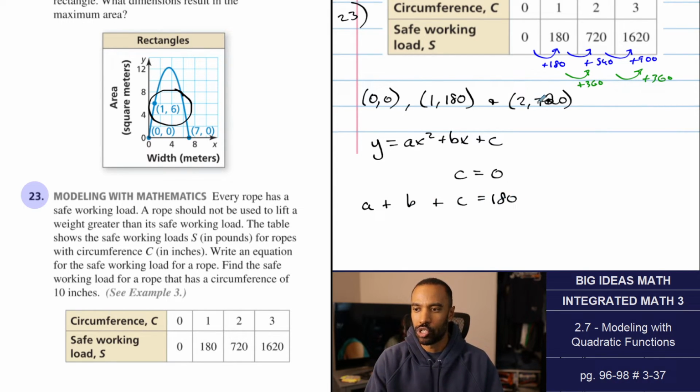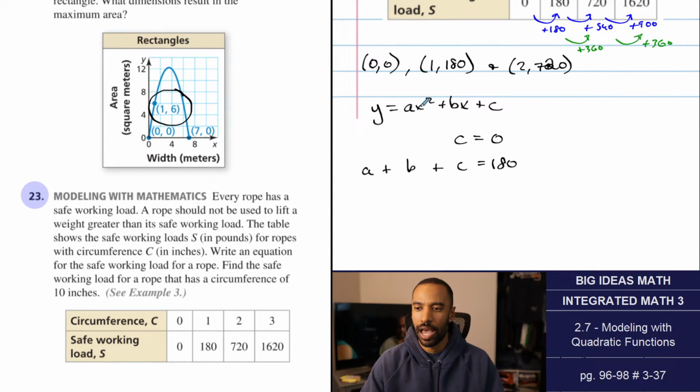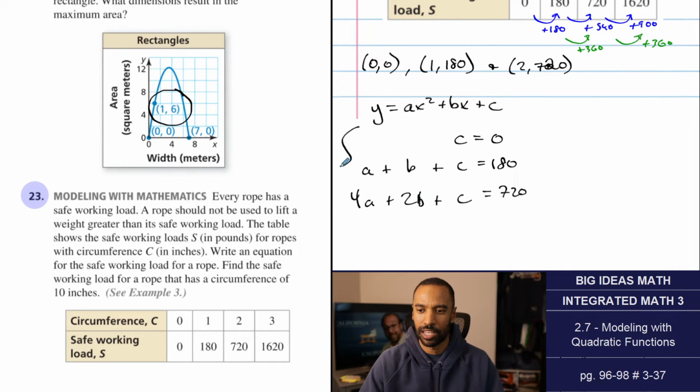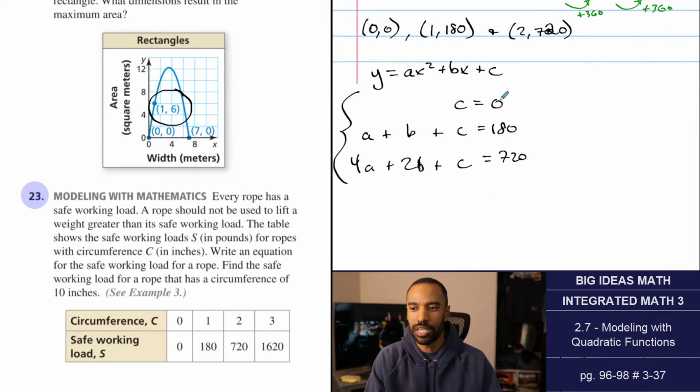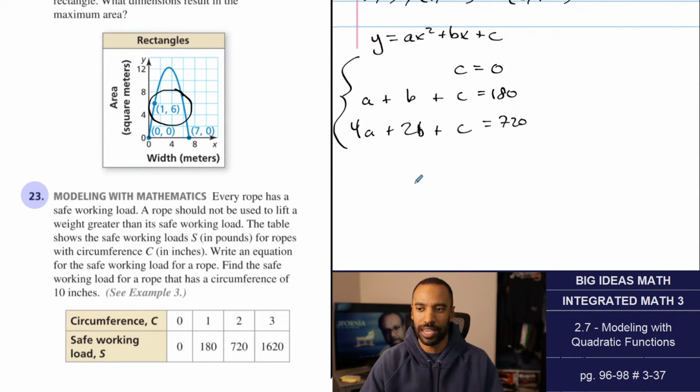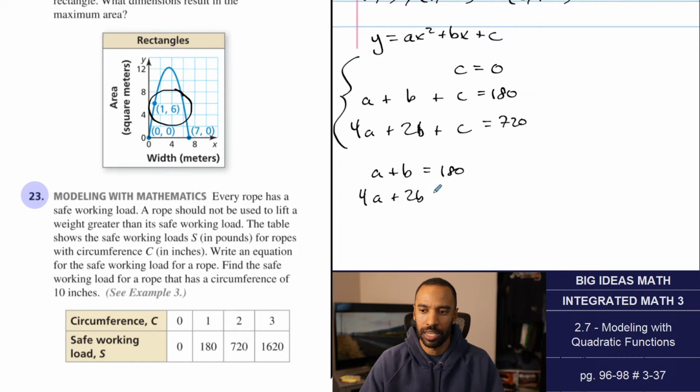And then when I plug in 2 for x and 720 for y, I'm going to get 2 squared times a, 4a, plus b times 2, 2b, plus c equals 720. So this is my system of 3 that I can use to solve for a, b, and c. Now c is already solved for. C is 0. That means I can work off this system right here where I have a plus b equals 180, and 4a plus 2b equals 720.